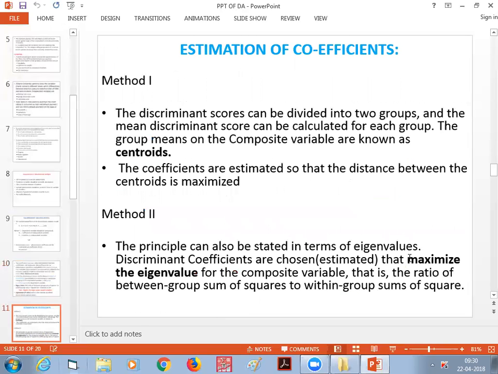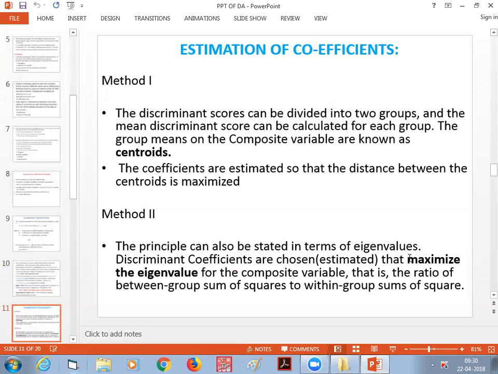So we have to estimate the coefficients like beta naught, beta 1, beta 2. There are two methods. In the regression model, we have the ordinary least squares method. But here we have two methods. One is called the centroid method. The other is the eigenvalue method.